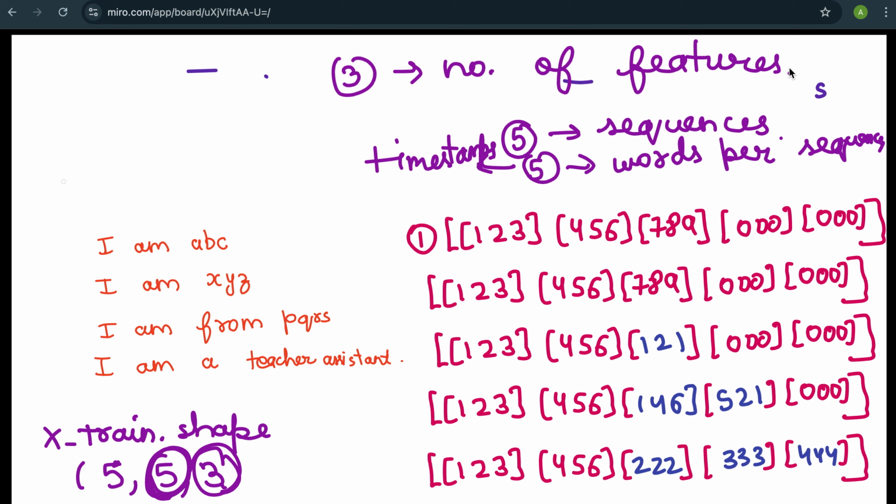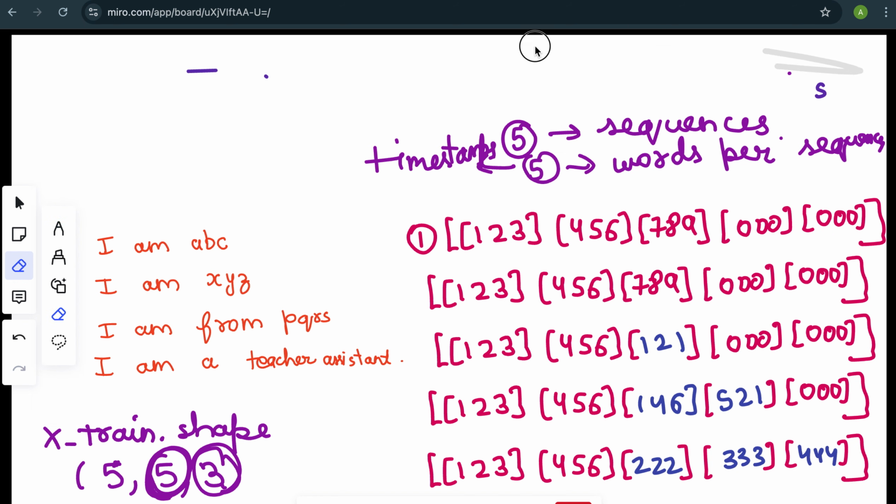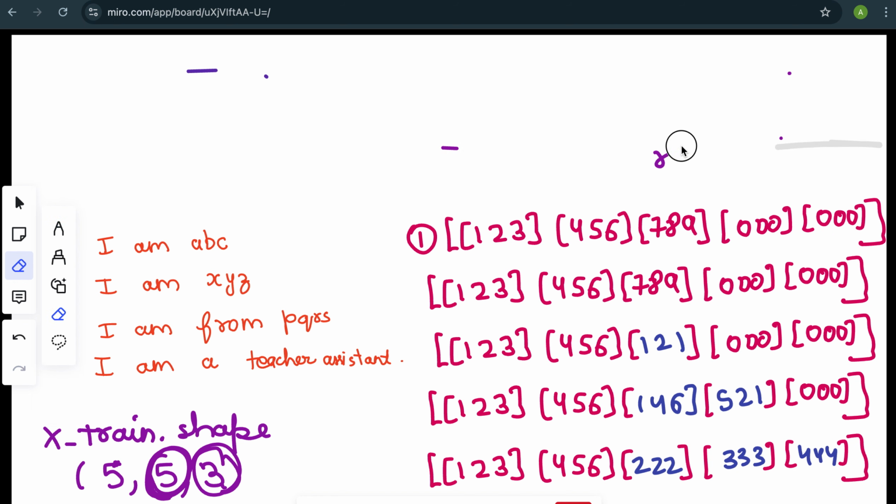We usually represent words, and numbers are represented through numbers, but whenever we are trying to do the word embedding like this, let me explain. I have these 5 sentences: I am ABC, I am XYZ, I am from PQRS, and I am a teaching assistant.